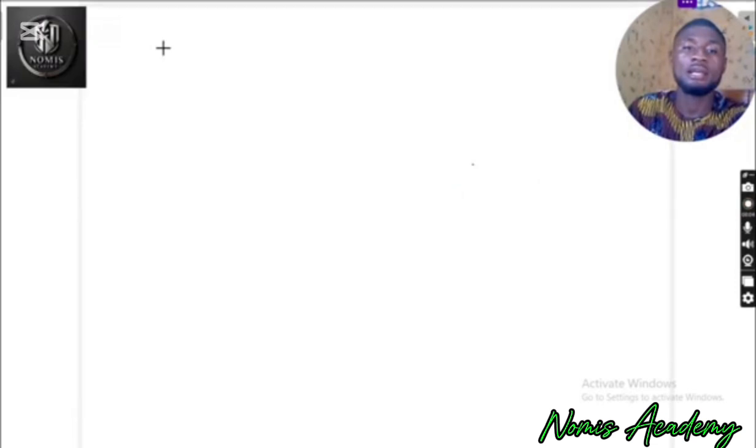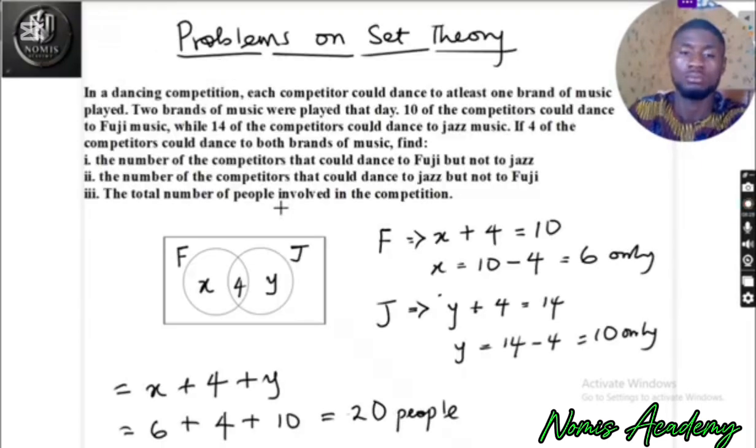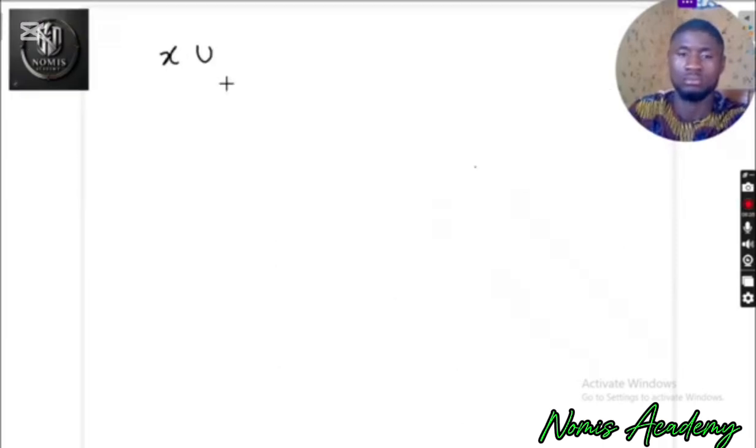That means x would be f union y complement.